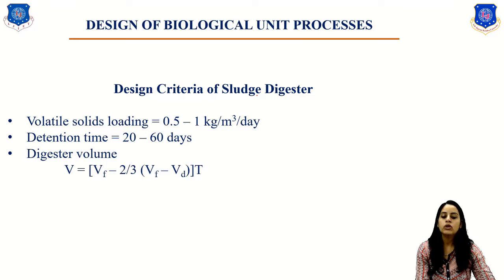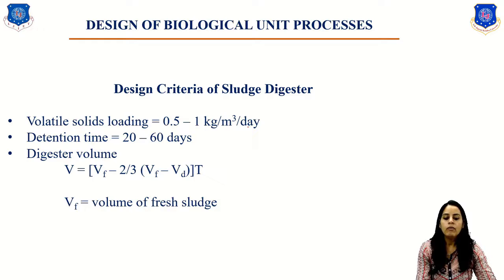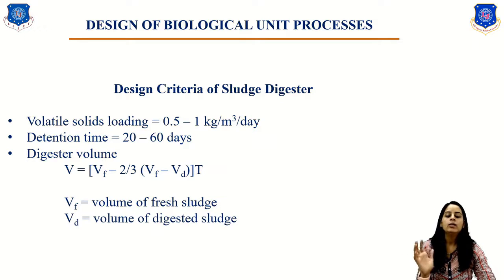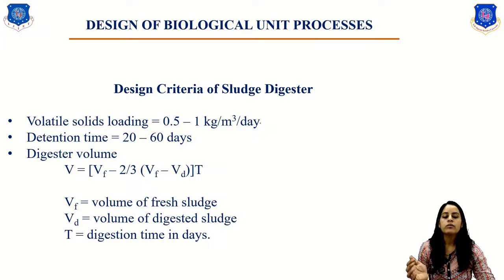Then the digester volume, V = (Vf - 2/3 (Vf - Vd)) × T, where Vf is the volume of the fresh sewage sludge, Vd is the volume of the digested sludge, and T is the digestion time in days. So this is the basic design criteria of the sludge digester.